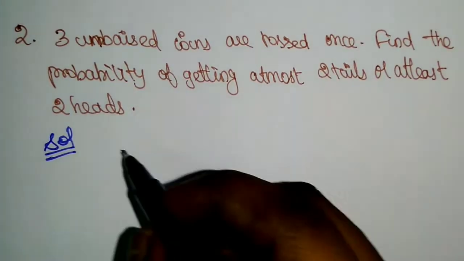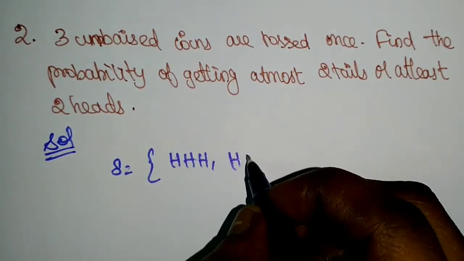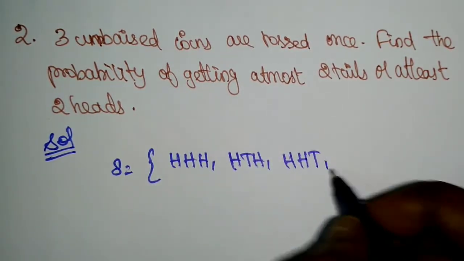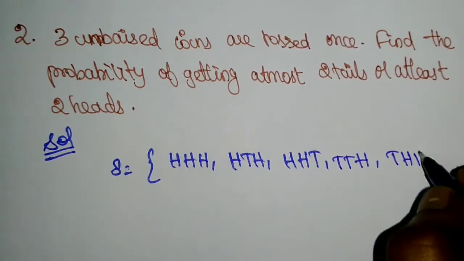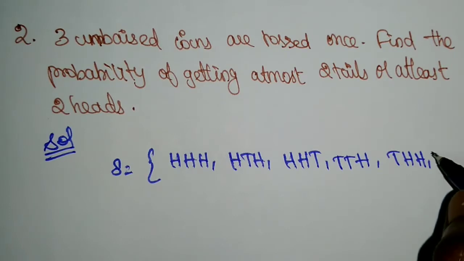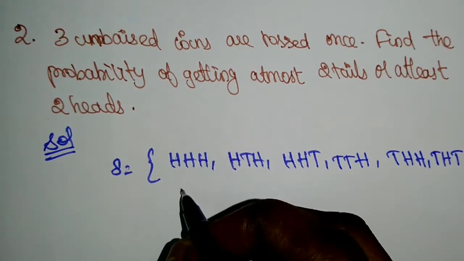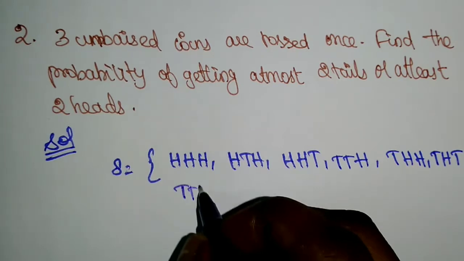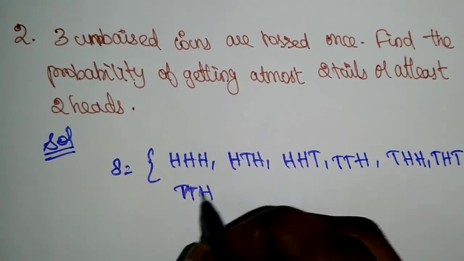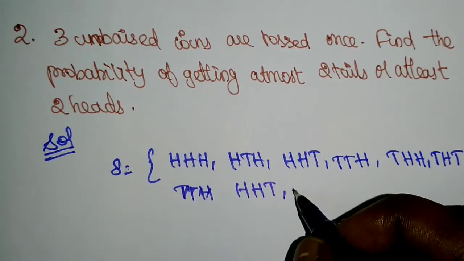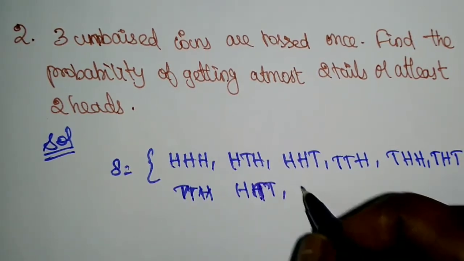Okay. So here solution, here the sample space is equal to HHH, HTH, HHT, TTH, THH, THT, HTT and TTT.